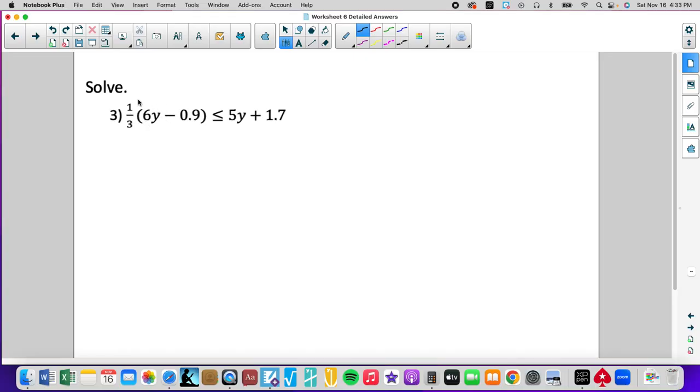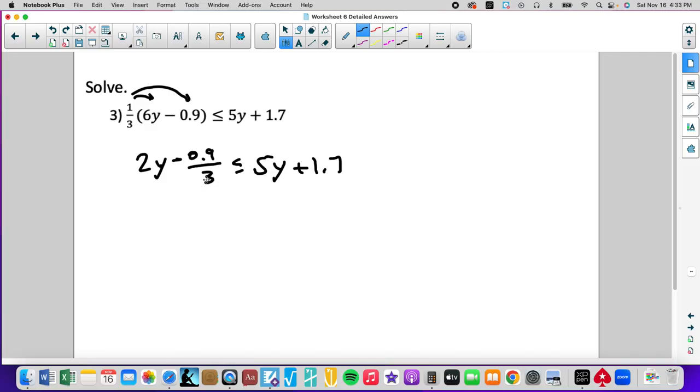All right, let's distribute. And distributing gives us 2y. Distributing gives us negative 0.9 over 3 is less than or equal to 5y plus 1.7. Let's move it.